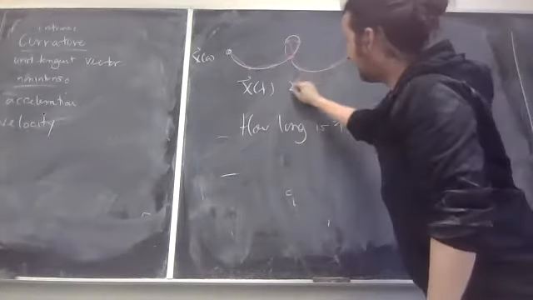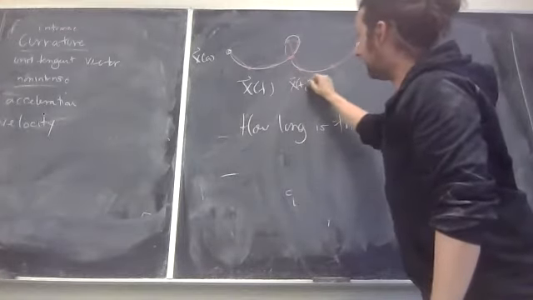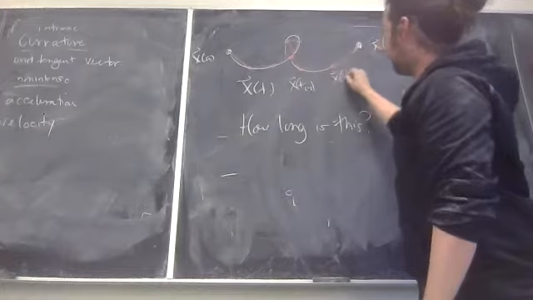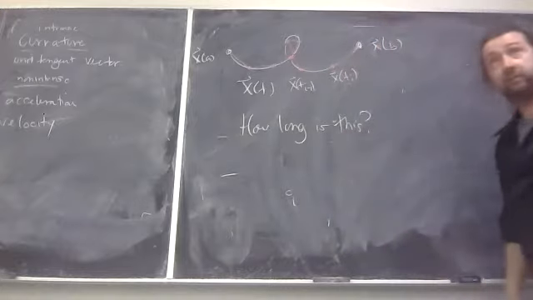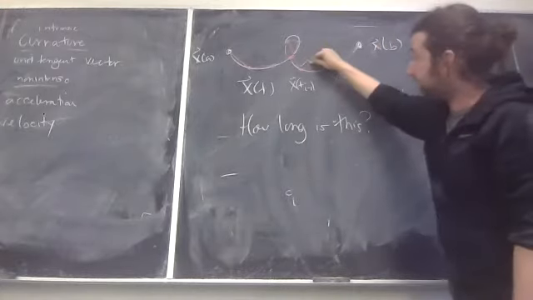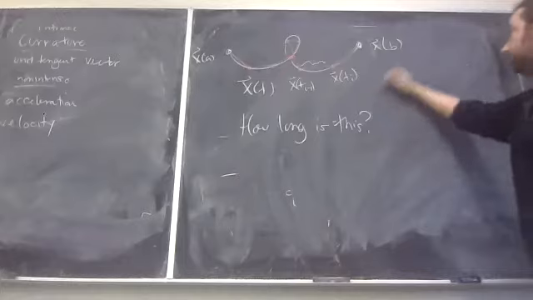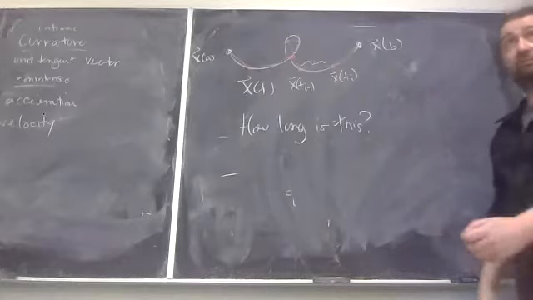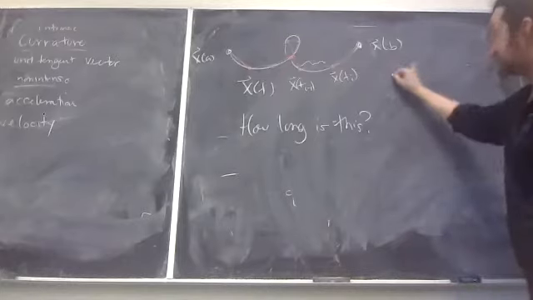If this is x at a point t_{i-1}, and this is the point x(t_i), then the distance here you could just compute, subtract, right?